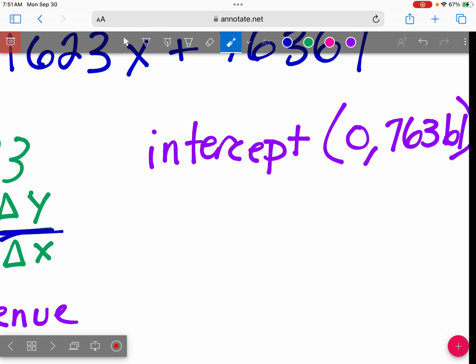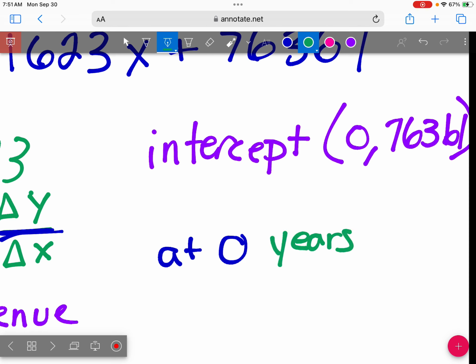All right guys, this is the last piece. What does the x of 0 mean? At 0 what? At 0 years after 2010. So we're putting it into words. At 0 years, or at the start, or in 2010.